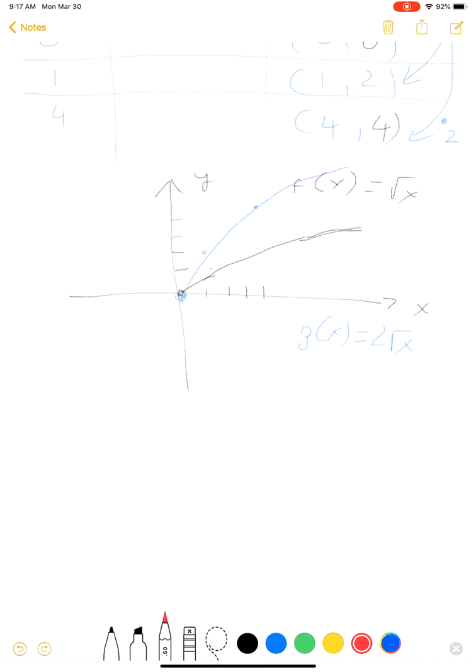Let's write a note: vertical stretch, the graph is getting closer to the y-axis.